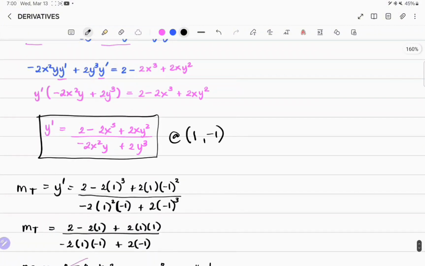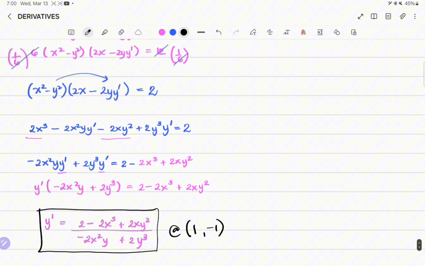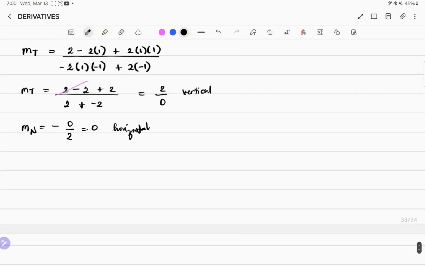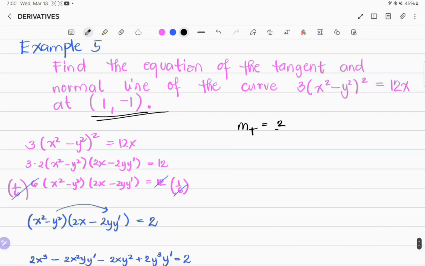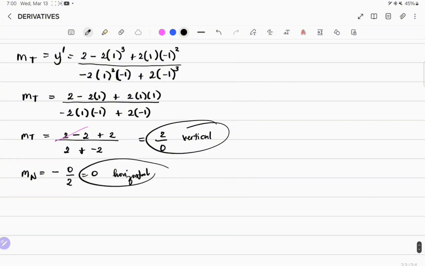So let's find now the equations of the lines given the slopes of the tangent and of the normal line. For our tangent line, we have 2 over 0. And for the normal line, we have negative 0 over 2, or 0.